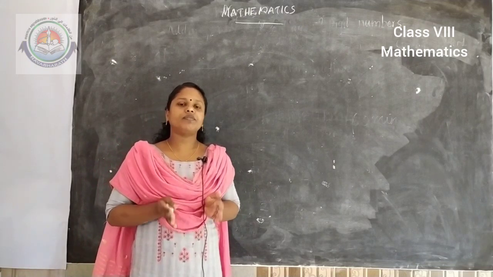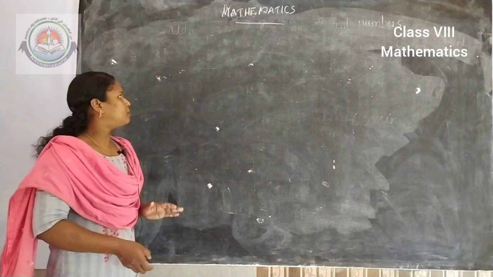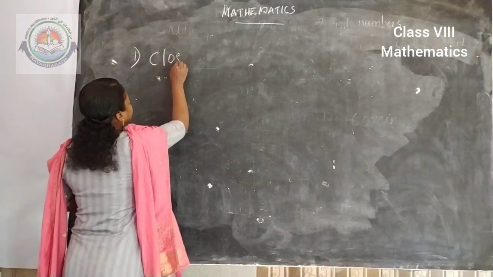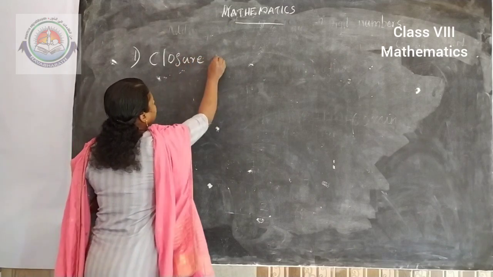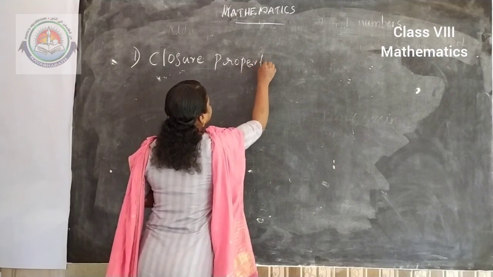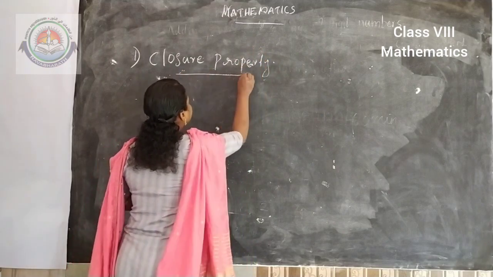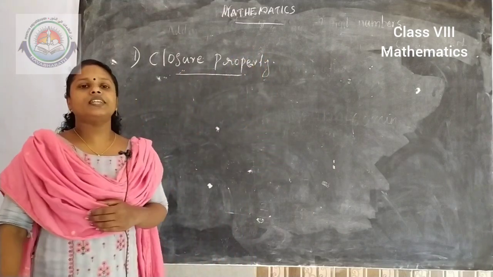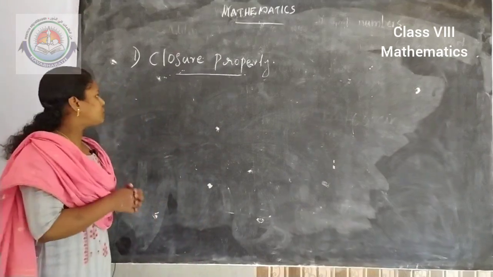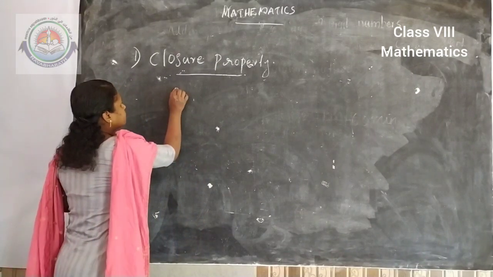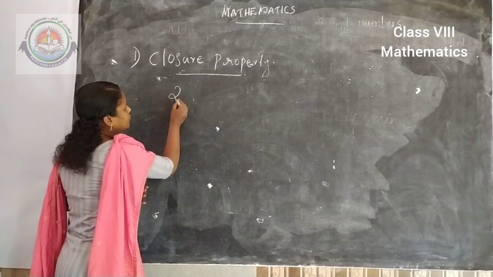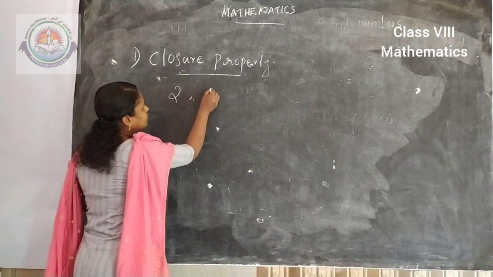Then what will be our first property? Same property, closure property. We already discussed closure property of integers. That is, if we are subtracting two integers, we are taking two integers, 2 and 3.